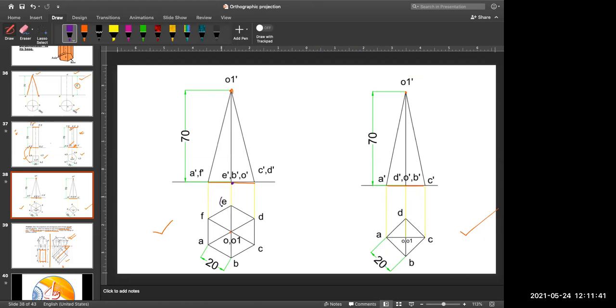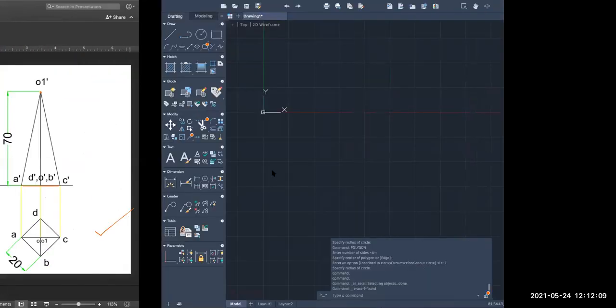This is the projection of E, O, O1 and B. So O1 is your vertex, so it is coming at the top. The rest, E, B and O, will be coming to this point. Similarly here C and D will be coming to this location, C prime and D prime. So likewise you have to give the nomenclature also.